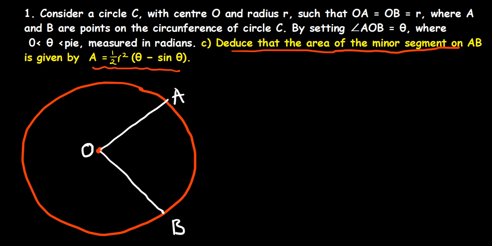So now they're saying deduce the area of the minor segment. I said for you to have a segment, you need a chord, a line called a chord.